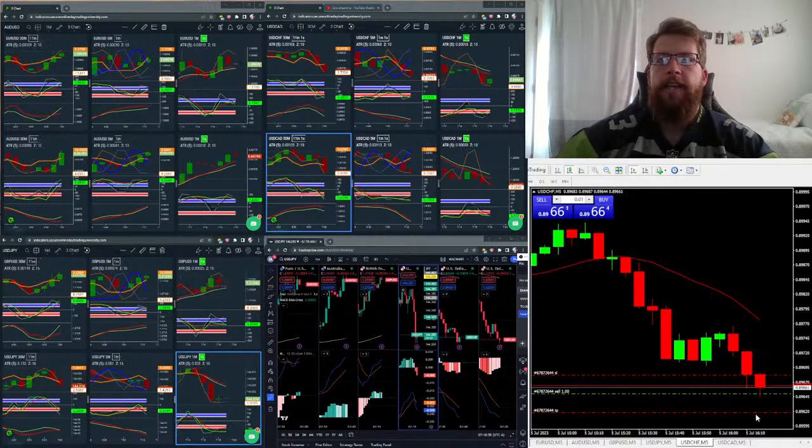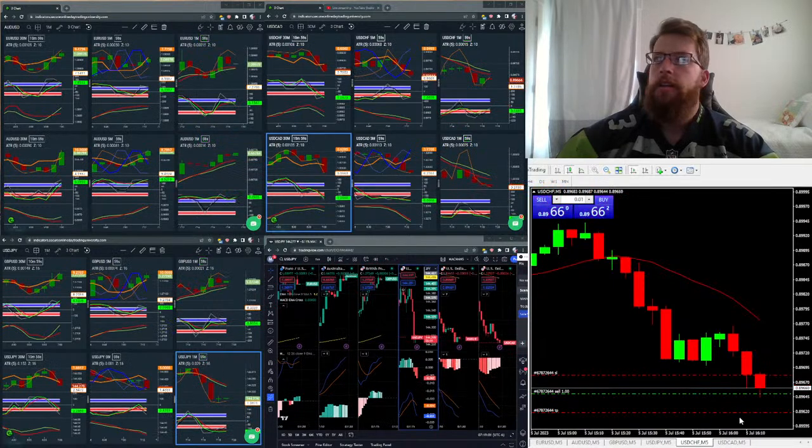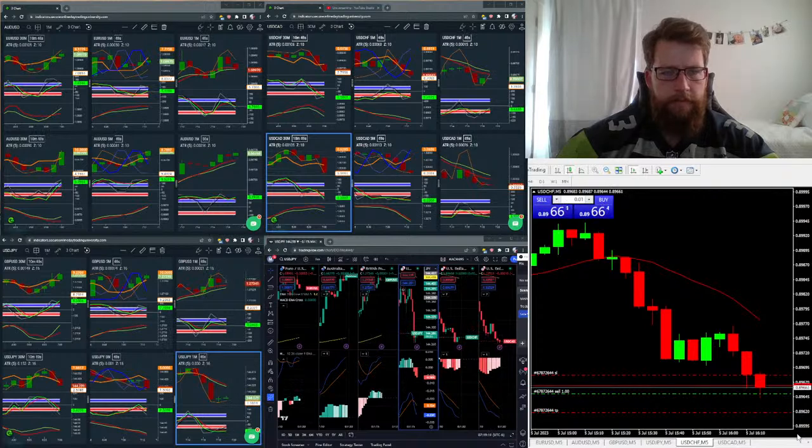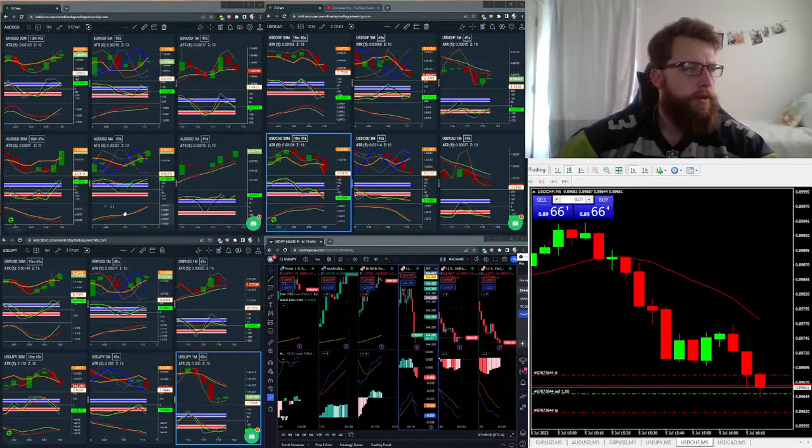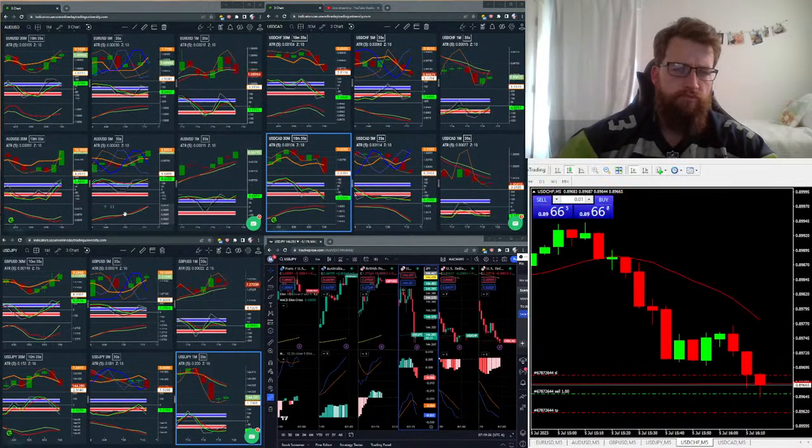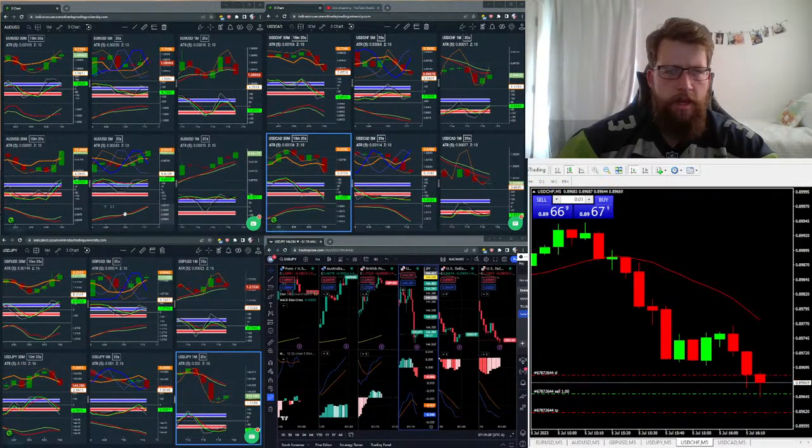This is where we'd like it to go right here. Looks like it's drawn back a little bit. Looks like we could look for an opportunity to go long on the pound here.